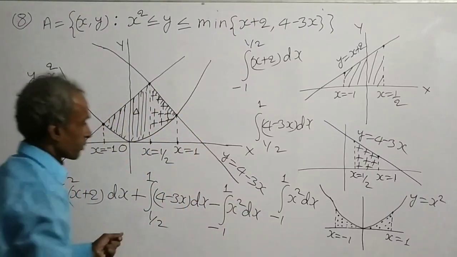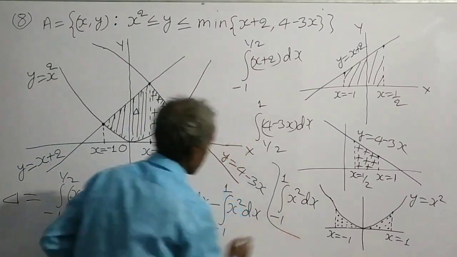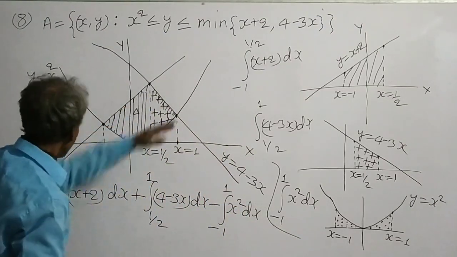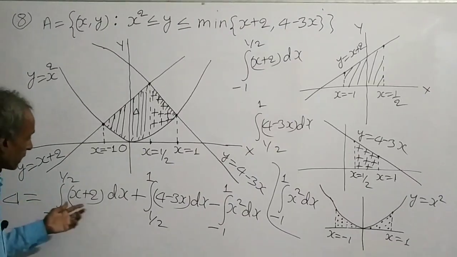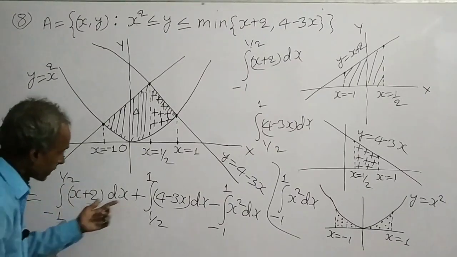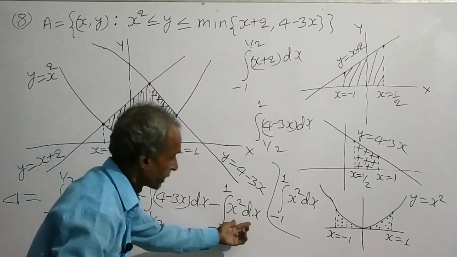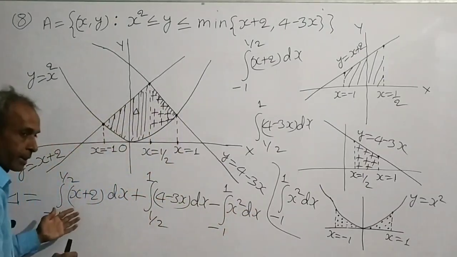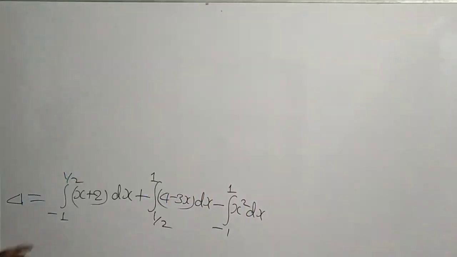That is, the area of this region delta will be equal to the integration of this plus the integration of this minus the integration of this. Now we will calculate this area.